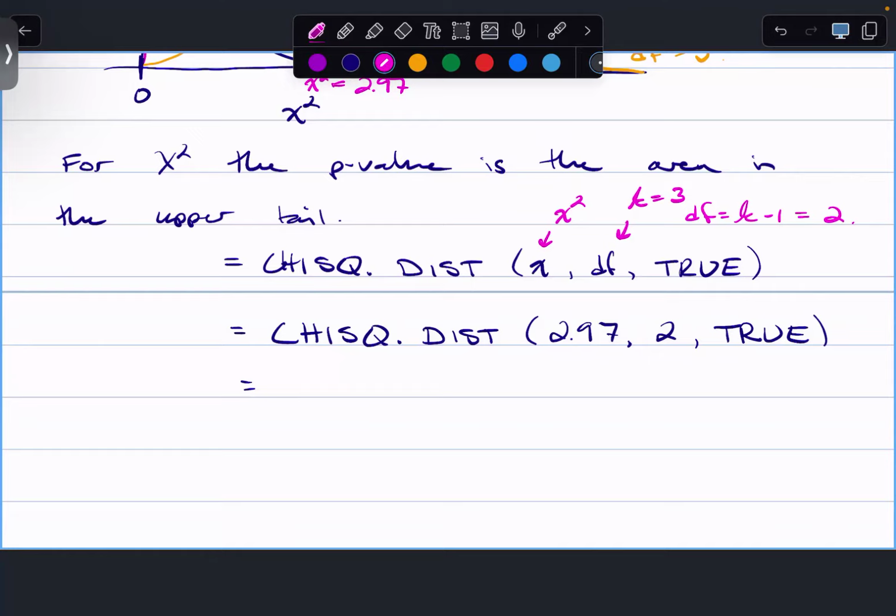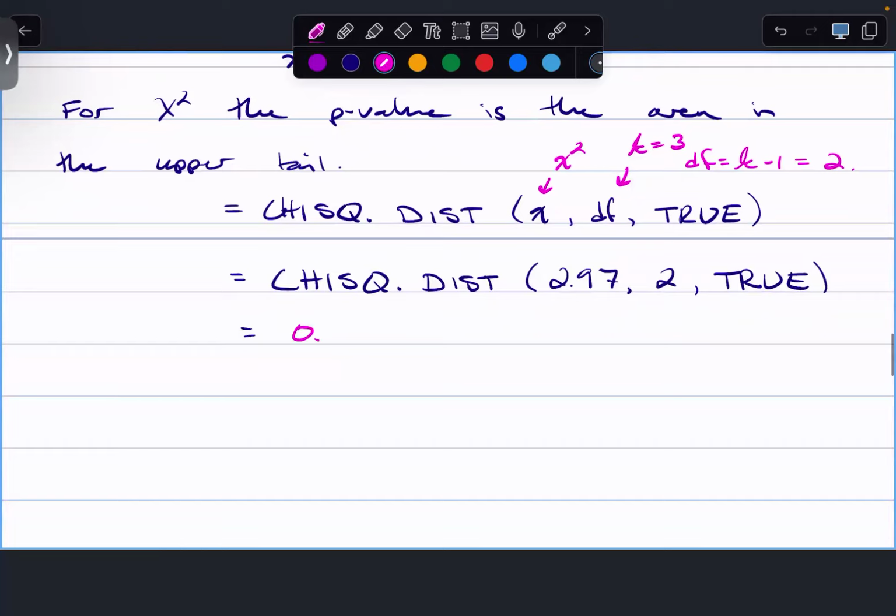Good. Nice. And what's the degrees of freedom? 2. We get 0.77. Cha-ching, 0.77. Yeah, 0.773463.